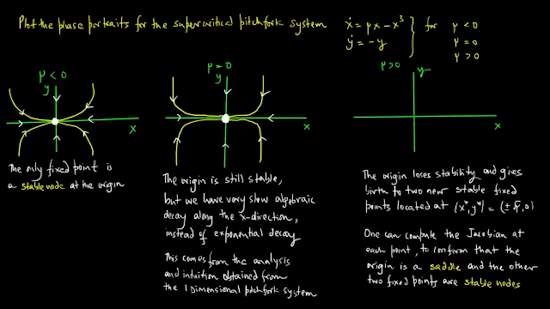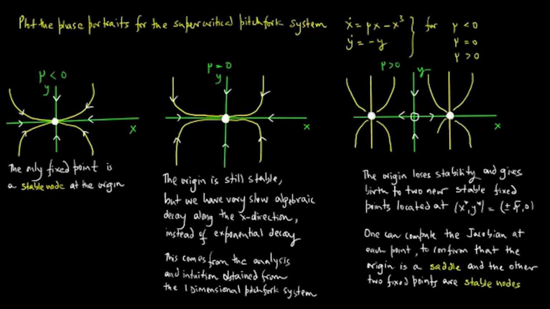Now let's plot the phase portrait for the system. We've highlighted the saddle at the origin, and those are the two stable nodes. So that fills out the full phase portrait for this system.